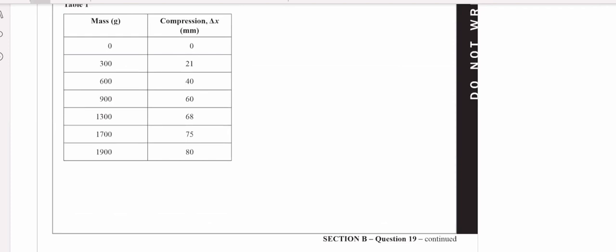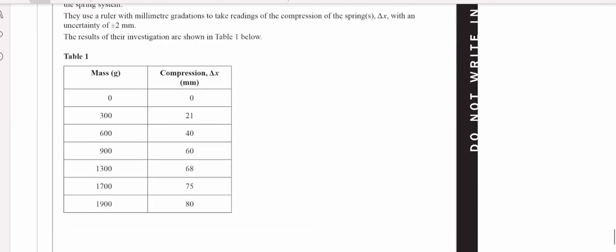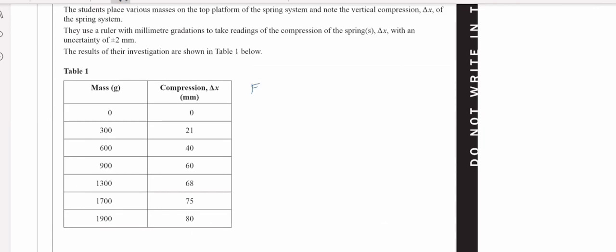You can draw the forces. x is 0 and mg 0.3 times 10, 3, 6, this would be 9, 13, 17, 19.